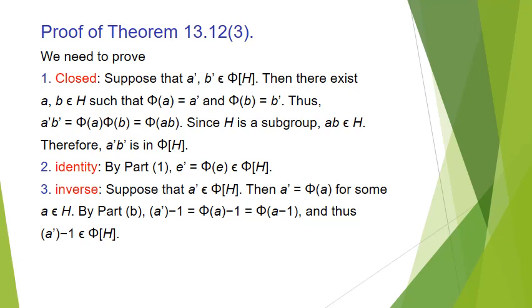Third, let's prove that it has an inverse. Suppose that a prime is an element of P(H), then a prime is equal to P(a) for some a element of H. By part 2, a prime inverse is equal to P(a) inverse, which is equal to P(a⁻¹), and thus a prime inverse is an element of P(H).